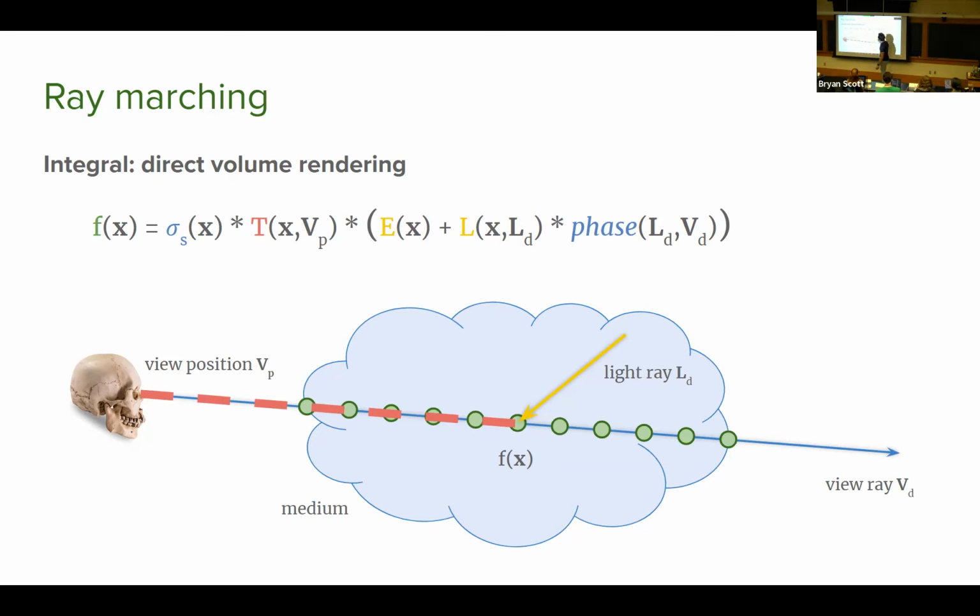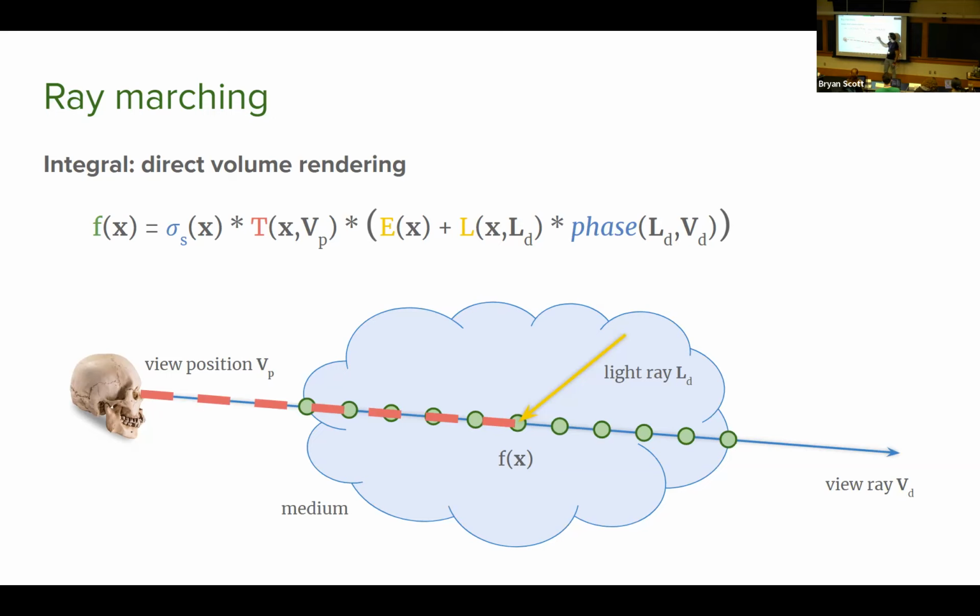So what are they? Let's focus on this point here. Can you guys see on the side? So let's focus on this point here. We have some light being emitted from that point, let's say it's a glowing plasma, in that direction. So that's the E at the position x. And then we have some other light that's coming from somewhere else. It's not originating in this point, but it's coming from here.